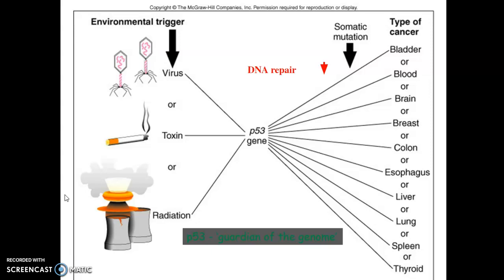But if that's broken, and the DNA repair genes signaled by P53 aren't working, or P53 doesn't signal those enzymes, these are the types of cancers that can show up. We call these somatic mutations because they're in body cells. Body cells are, for example, skin, pancreas, colon, breast tissue, and retina cells in the eye. Those are all examples of those forms of cancer.